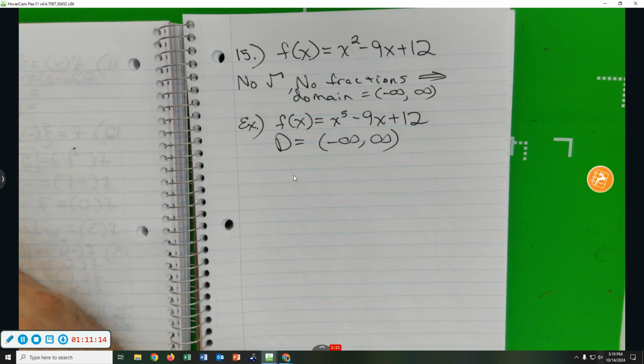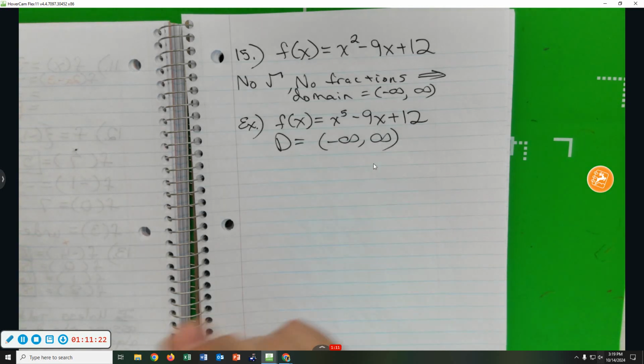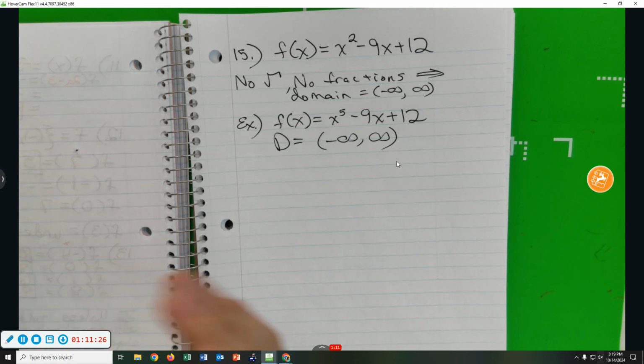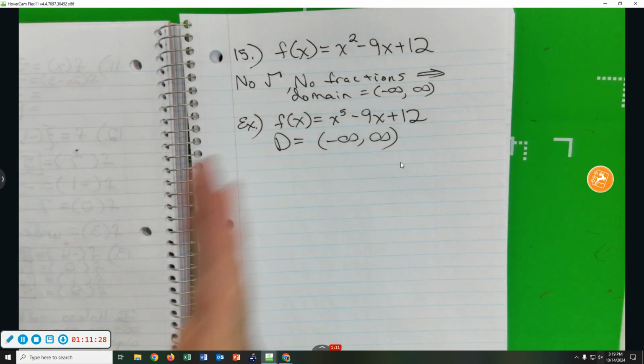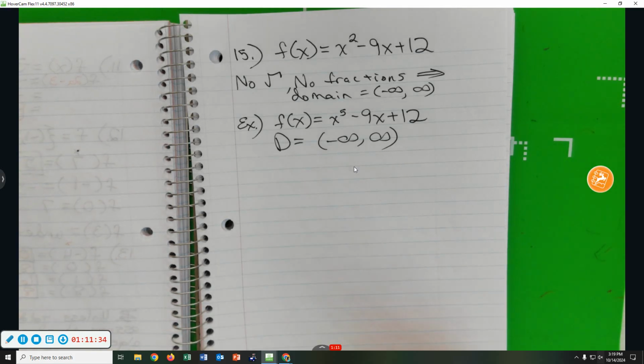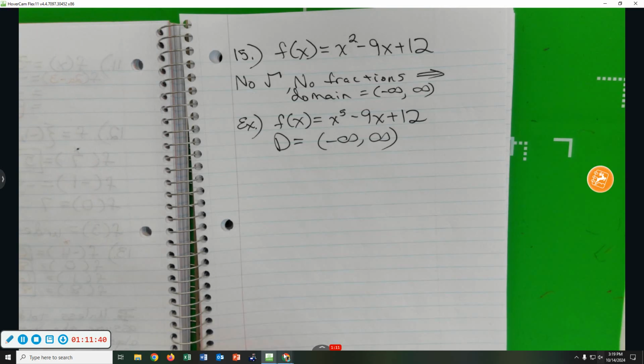No fractions, no square roots, the domain's all real numbers." And Dr. Sheen was like, "What?" And he literally got his napkin and wrote it down. He said, "Oh, that's a good way to say it." It was some flippant remark he made one time in class, apparently. He never said it again. And when he heard me say what he had said, he said, "Oh, that's a good way of saying it." I'm like, "Wait a minute, I got it from you."